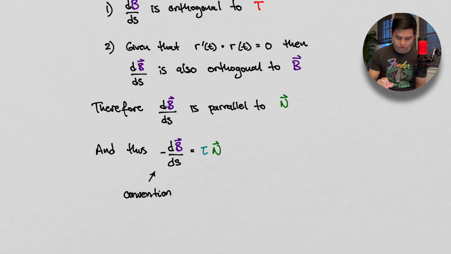Therefore, dB/ds is parallel to the principal normal vector.